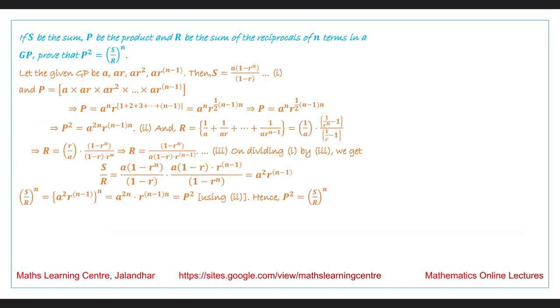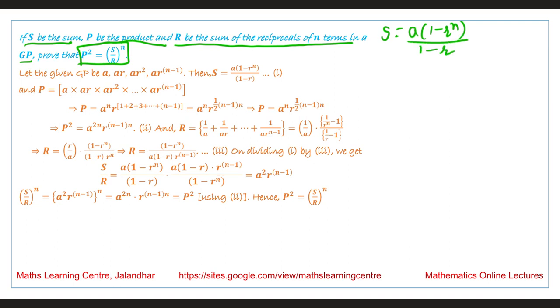Next is, if S be the sum, P be the product and R be the sum of the reciprocal of n terms in a GP, we have to prove this result. So S is the sum, so the value of S is a into 1 minus r raised to the power n over 1 minus r.